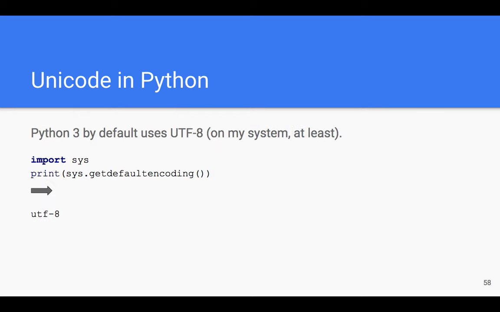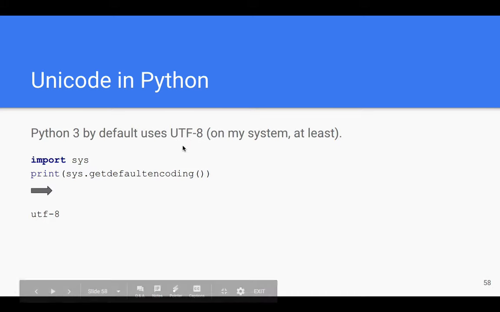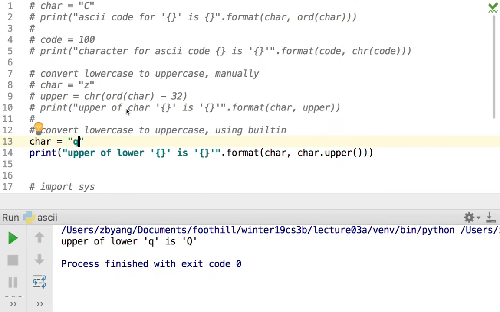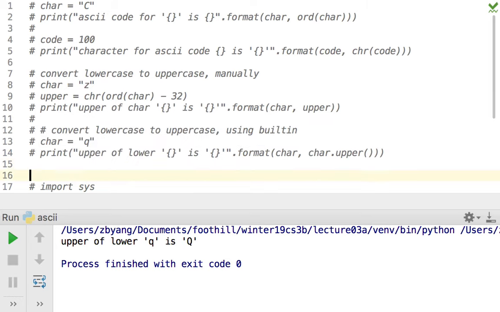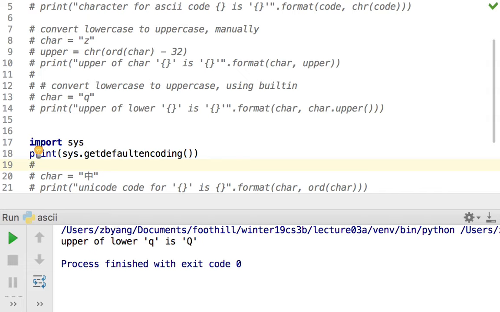Before I say that, I believe Python 3 by default uses UTF-8 for all of its encoding, and at least on my system, that's the case. You can actually figure that out by doing these two lines of code.